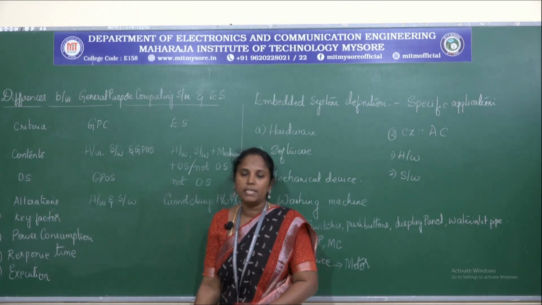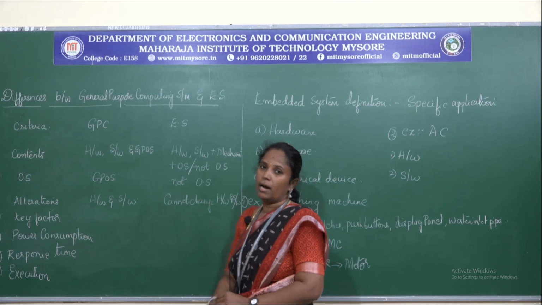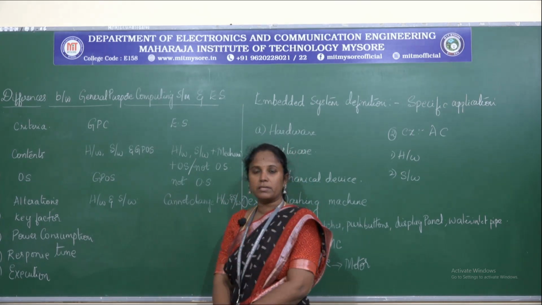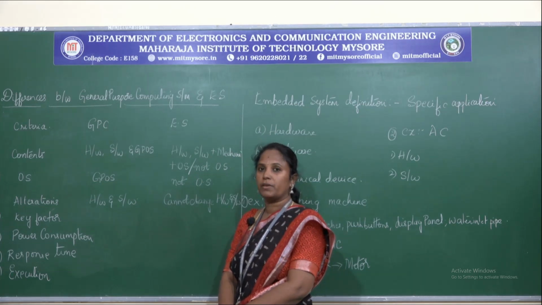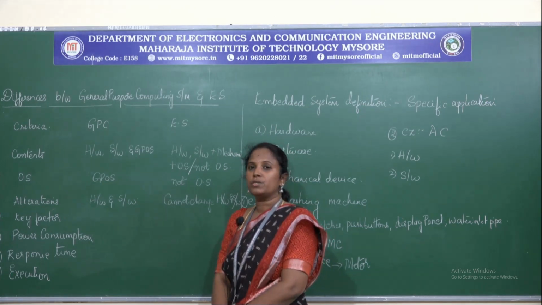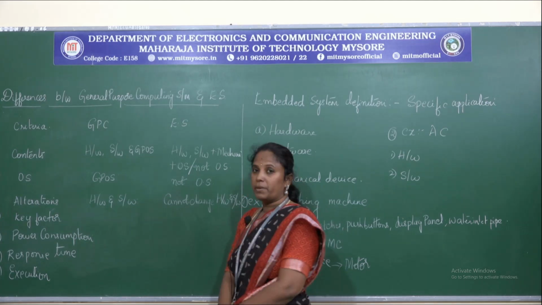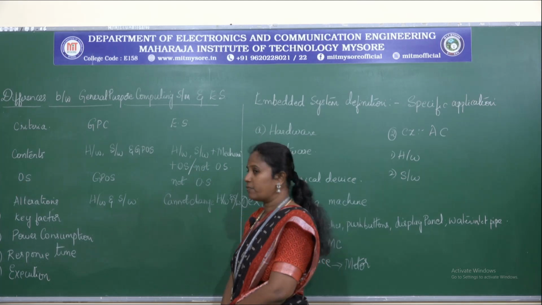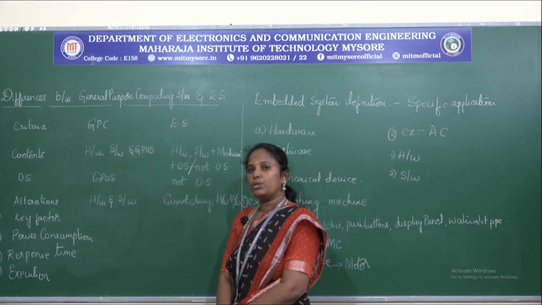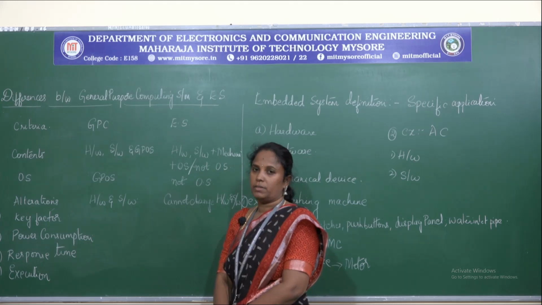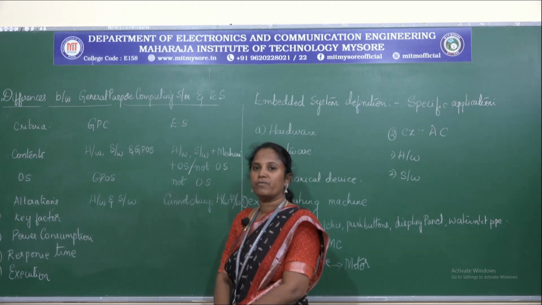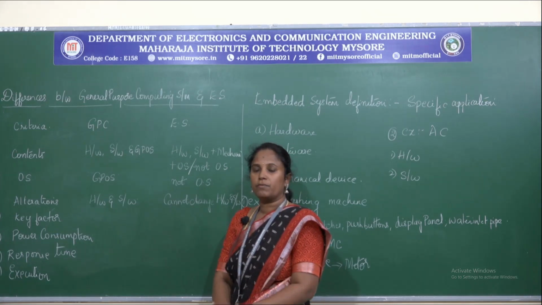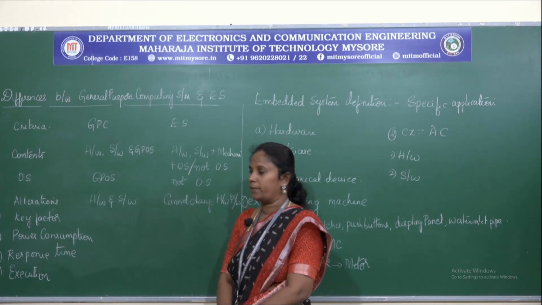That means no changes can be made to your hardware and software, because you have designed your embedded system to perform only a specific application, a single application, like it is manufactured, or it can be used only for washing clothes if you have designed your system to work as a washing machine.